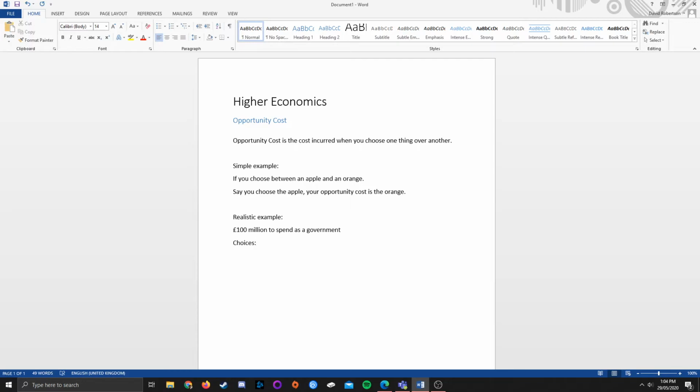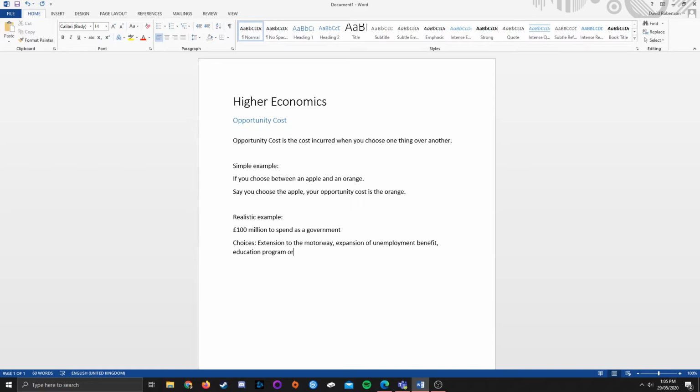But I'll say an extension to the motorway, and that costs £100 million. An expansion of unemployment benefit worth £100 million. An education programme that's worth £100 million.